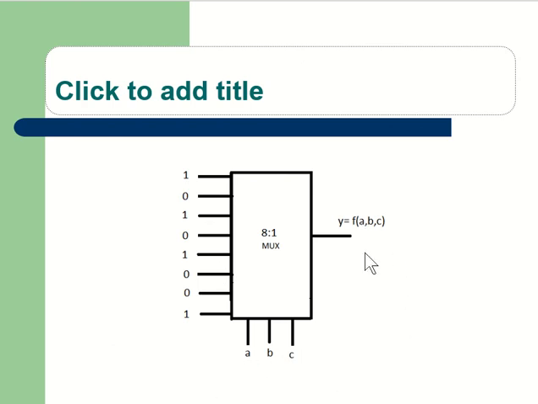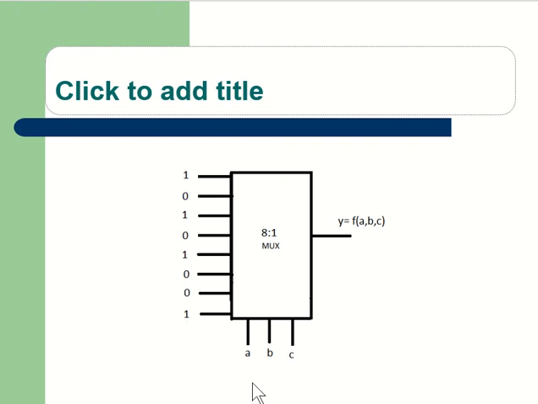This is the output line, and these are the 8 different inputs. According to the problem, it is f(a,b,c) is equal to summation m 0, 2, 4, 7. For the 0, 2, 4, 7 combinations we have to give input equal to 1, that is high, and in the rest of the cases it has to be 0.